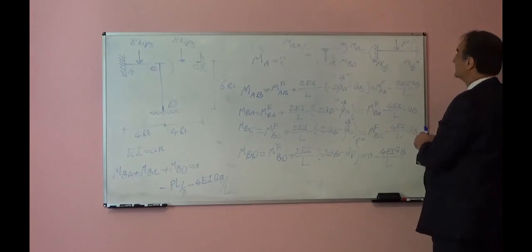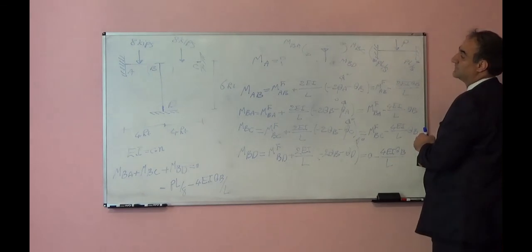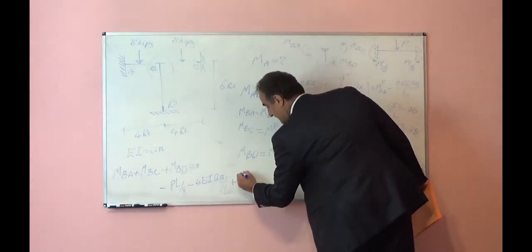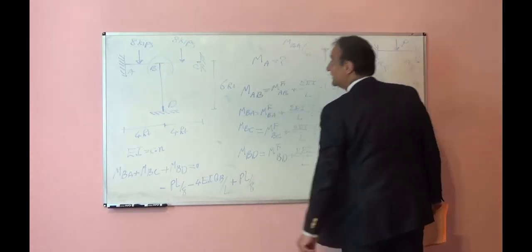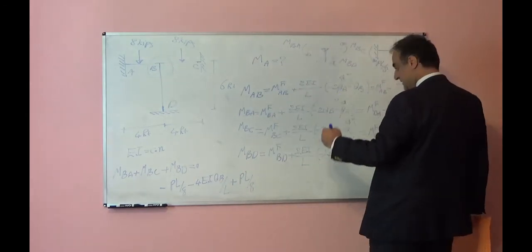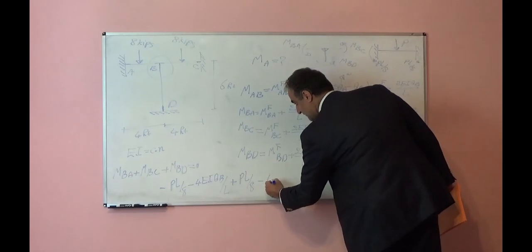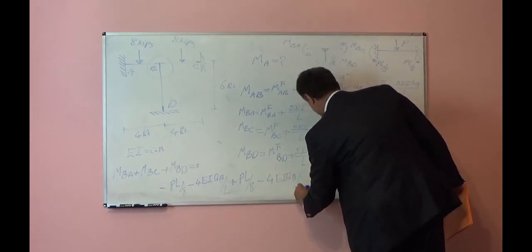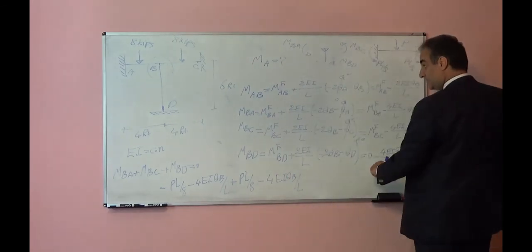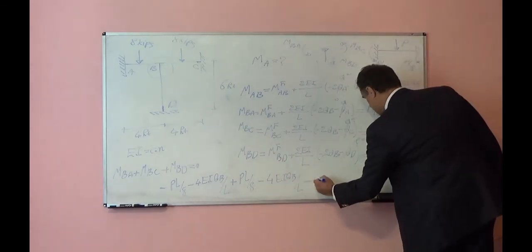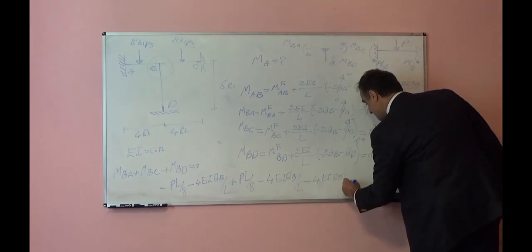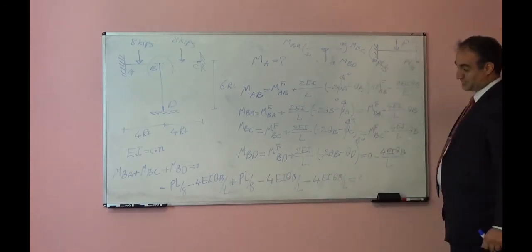M fixed BC will be positive PL over 8 because it is counterclockwise, minus 4EI theta B over L. MBD will be minus 4EI theta B over L. The sum is equal to 0.